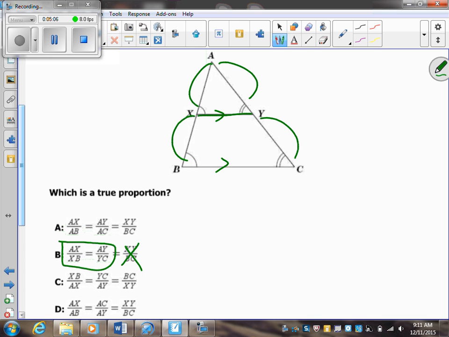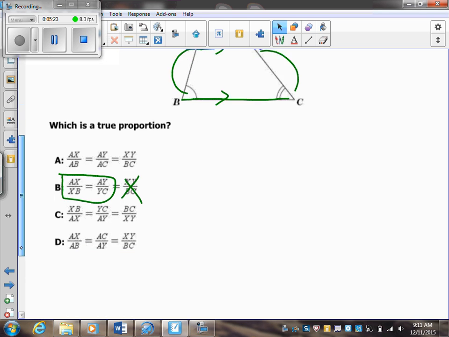But when it comes to the base, which is the parallel line, they are not going to be proportional with the rest of them. So I can't pick that one. That's the reason I can't pick B or the rest of them. I think all of them have BC over XY.